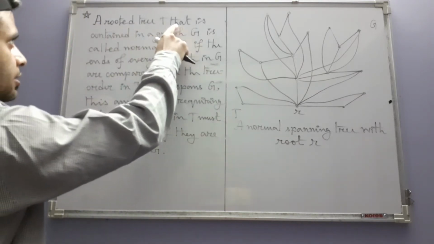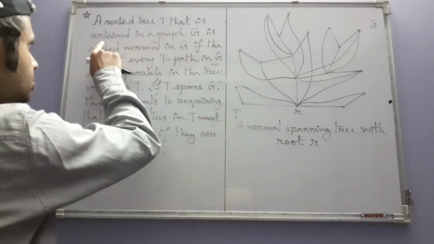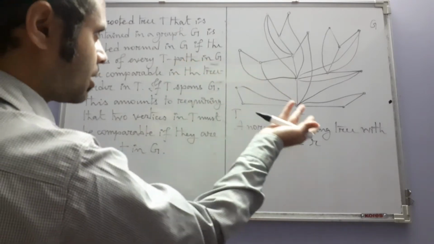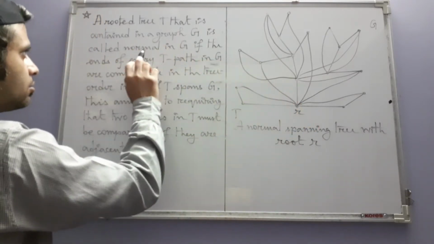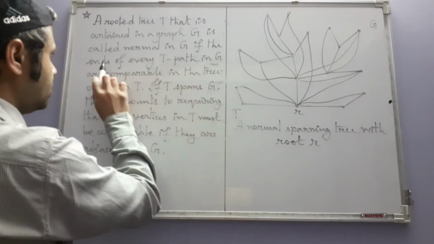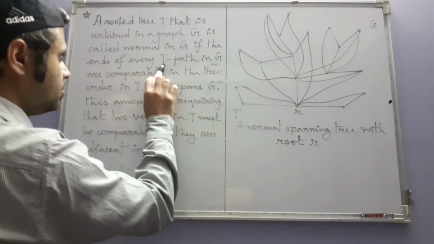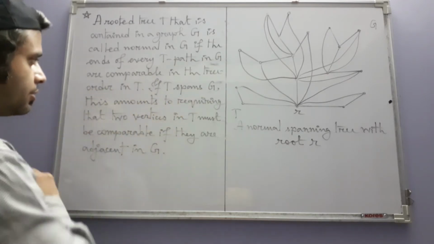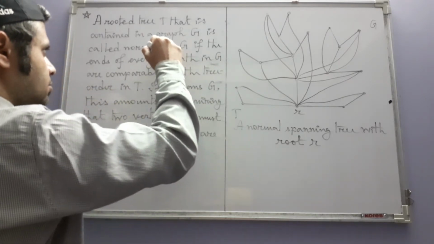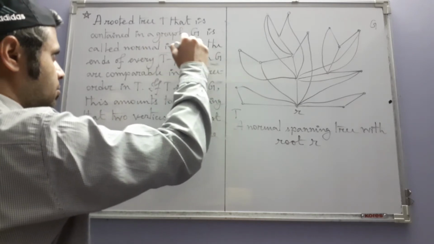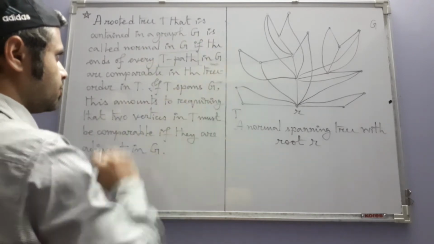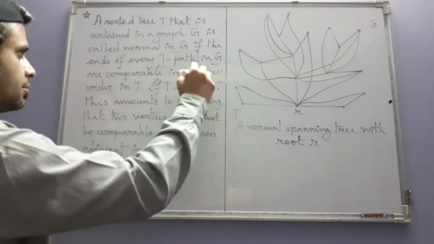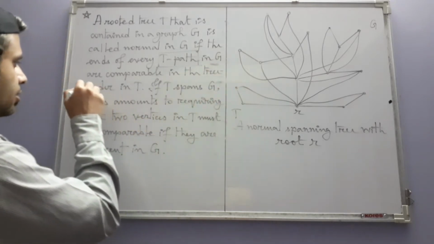A rooted tree T like this one that is contained in a graph G, that is a subgraph of G, is called normal in G if the ends of every T-path in G are comparable in the tree order in T. So there are two things there for us to recall. One is a T-path and one is this tree order.